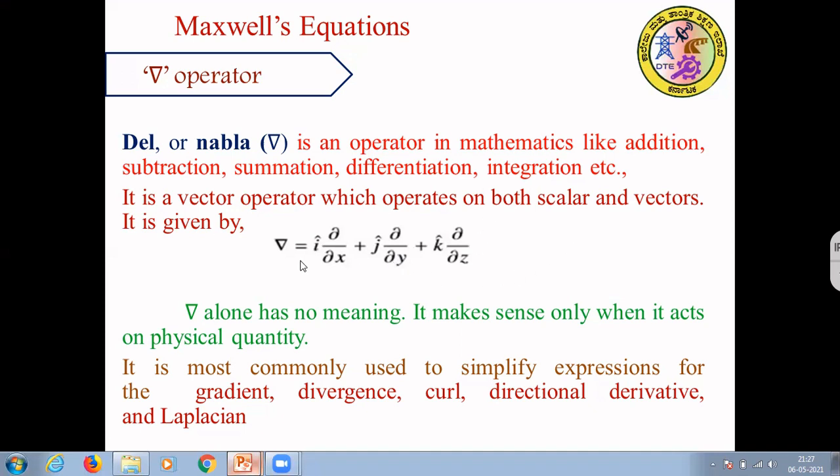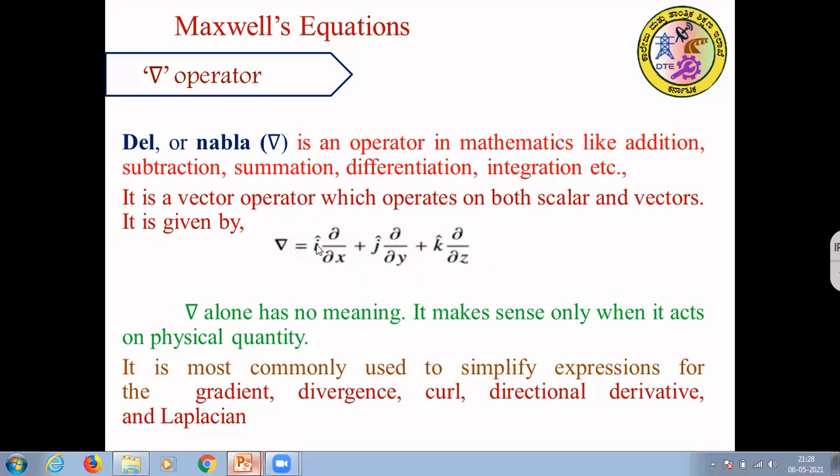The del operator resembles a vector. It is i cap ∂/∂x plus j cap ∂/∂y plus k cap ∂/∂z. Dou or delta, you can read it either way. So this i cap ∂/∂x plus j cap ∂/∂y plus k cap ∂/∂z is the three-dimensional version of the del operator.